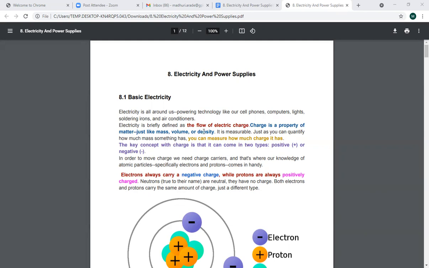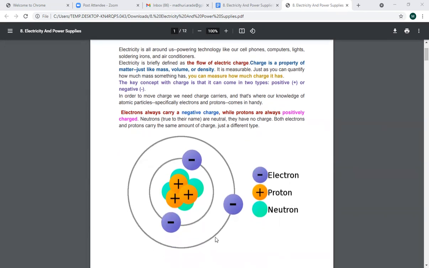So what is electricity? Electricity is a flow of electric charge. There are components such as electrons, protons, neutrons. If electrons are carrying the charge and flowing, then there will be negative charge, and if the protons are flowing, then it will be carrying positive charge.